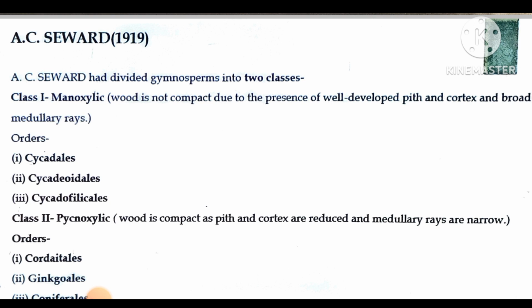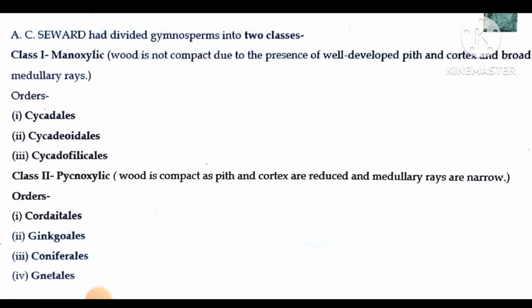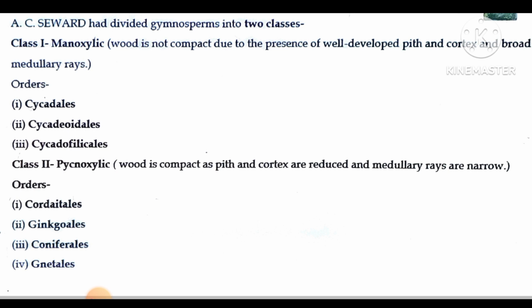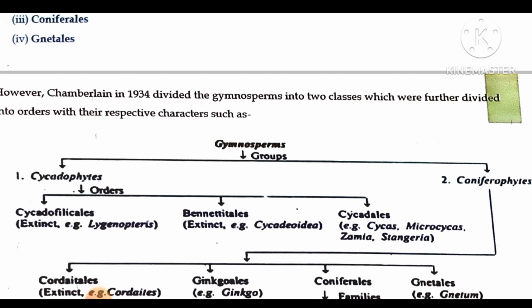Medullary rays are broad, and he divided it further into three orders: the Cycadales, Cycadeoidales, and Cycadofilicales. Then Pycnoxylic woods, in which the wood is compact, pith and cortex are reduced, medullary rays are narrow, and he divided it into four orders: the Cordaitales, Ginkgoales, Coniferales, and the Gnetales.